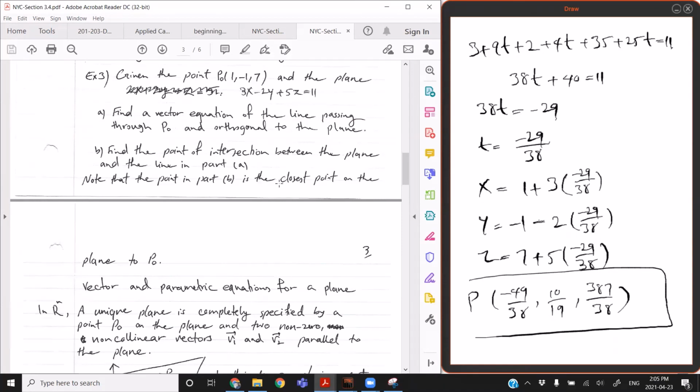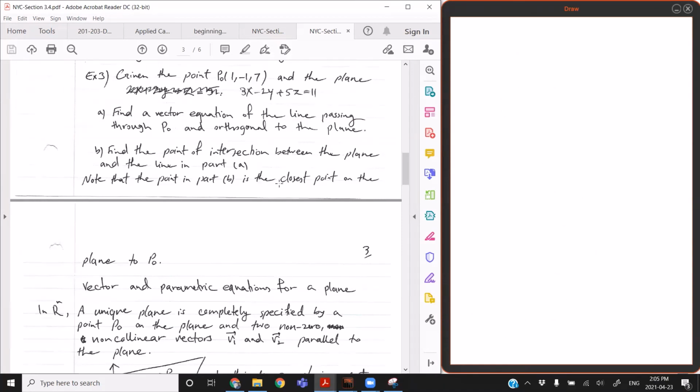So basically it's like this. If you have some line that passes through the point P0 and is orthogonal to the plane, you can use the normal vector for the plane as the vector that is parallel to the line.